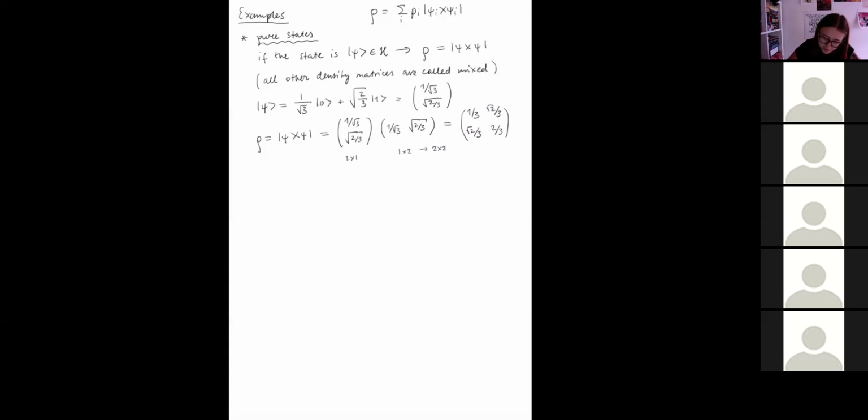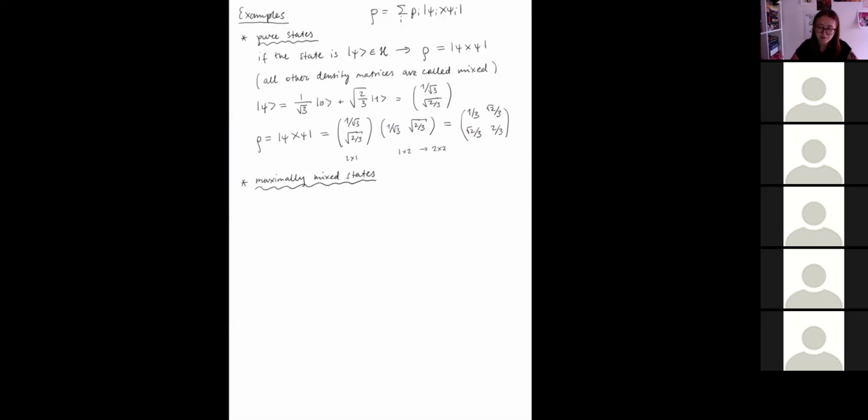As I said, all the states which are not pure are called mixed. But among mixed states, there is also a special class of states, which is called maximally mixed states. Maximally mixed states correspond to the following situation.